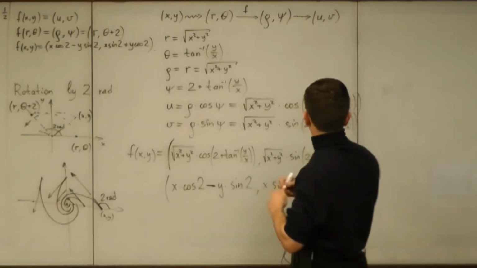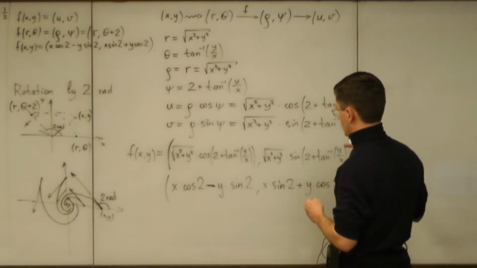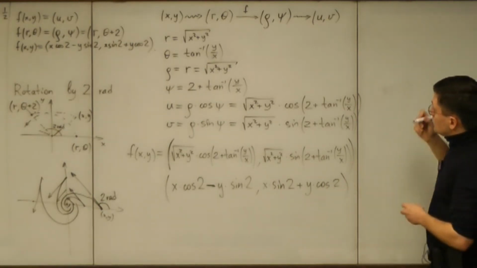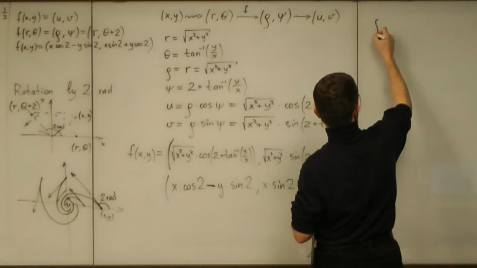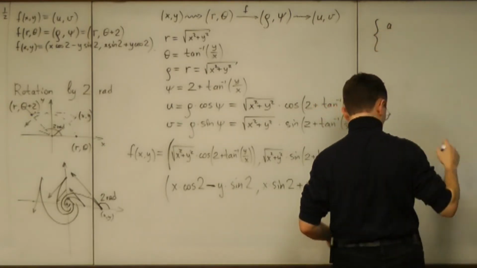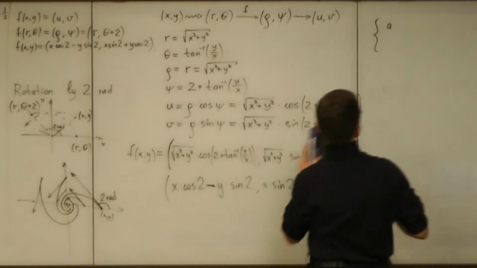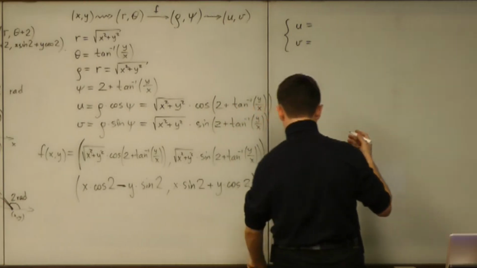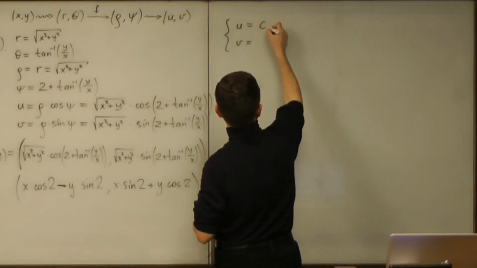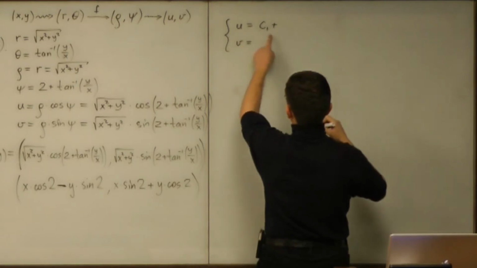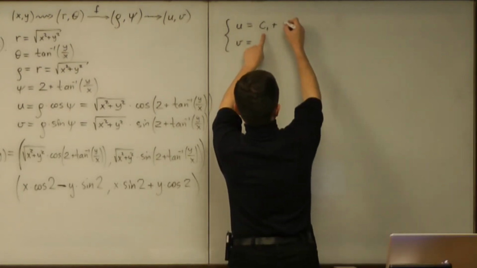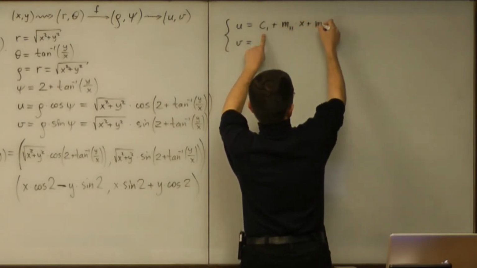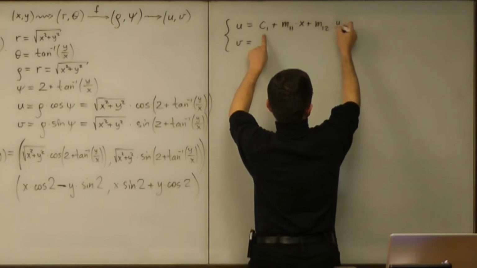Alright, now at this point I would like to have some notations in place, and those notations are coming from linear algebra. Basically, if you look algebraically at functions u and v, and those functions as functions of x and y are linear, that means algebraically you can write that as a constant c1 plus another constant, let me call it m11, multiplied by x, plus yet another constant m12 multiplied by y.